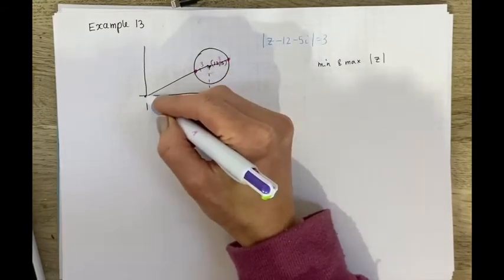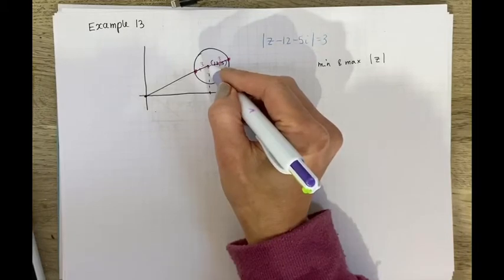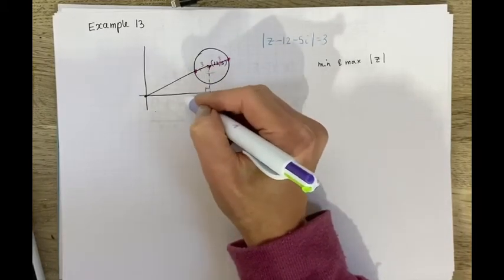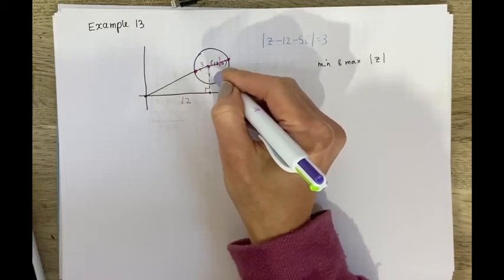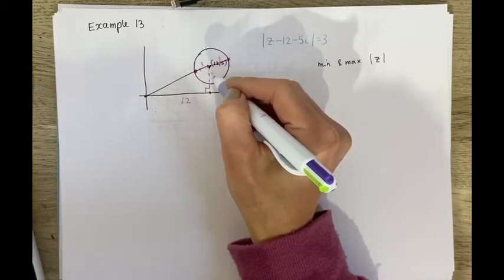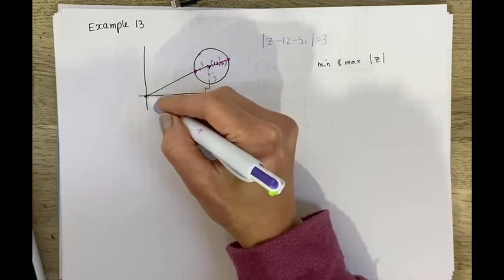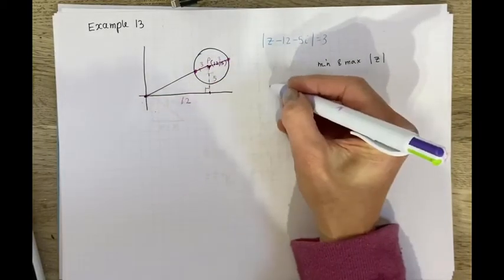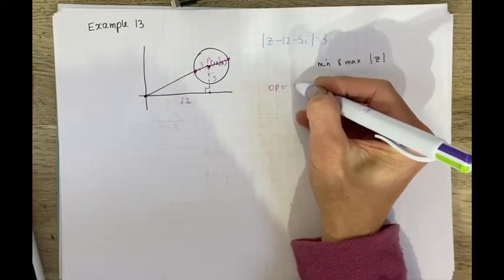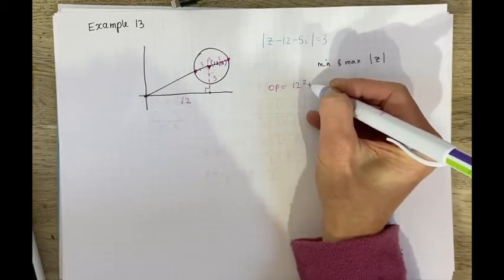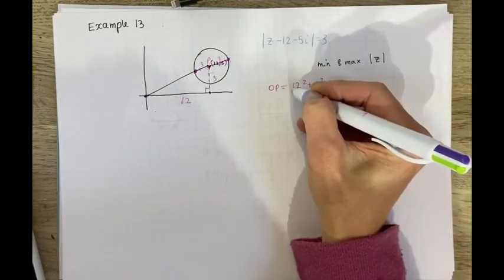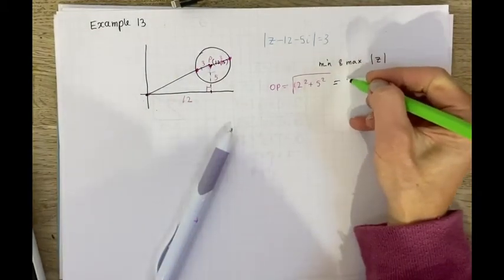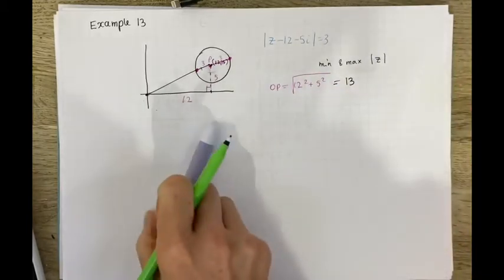So if we can find the length of that line, so concentrate on that right angle triangle, which is 12 across, because that's the x coordinate of the center, 5 up. Then the line from the origin, let's say this is point P, the center, that is going to be 12 squared add 5 squared square rooted. So that's going to be, it's a Pythagorean triple, that's 13.